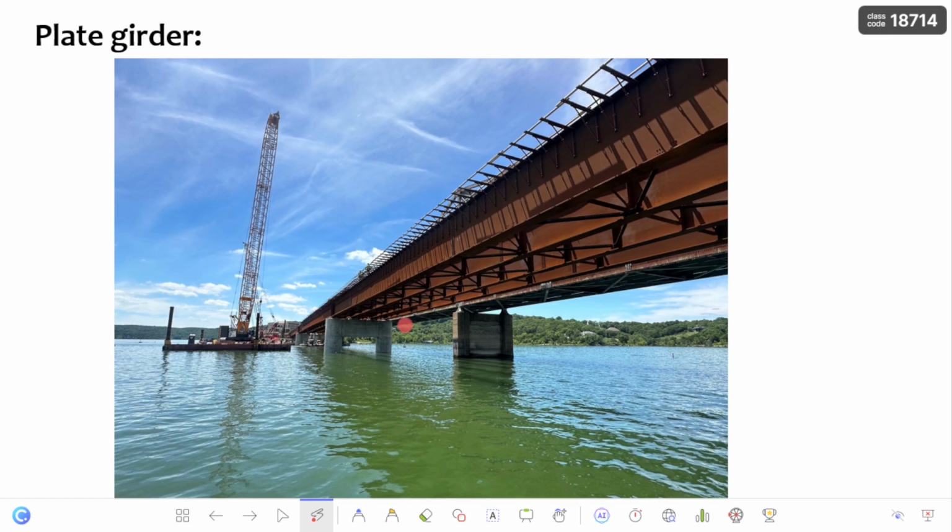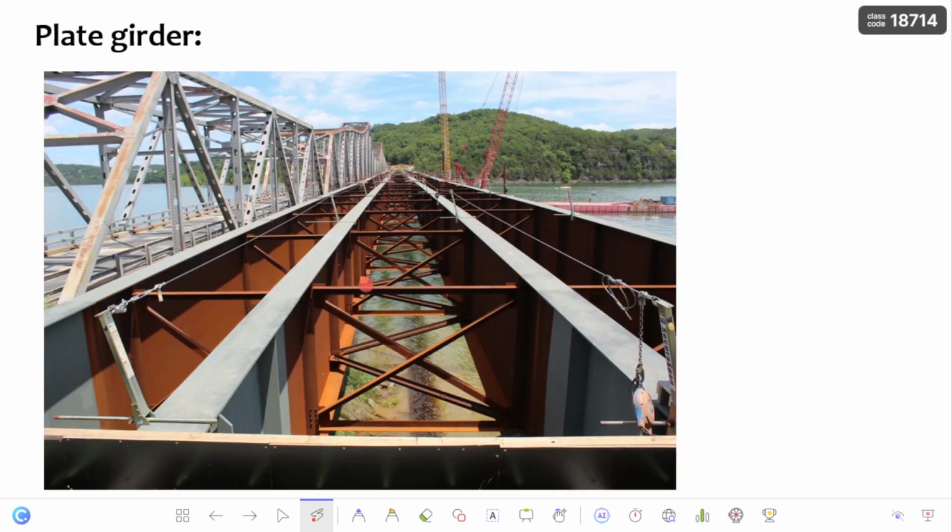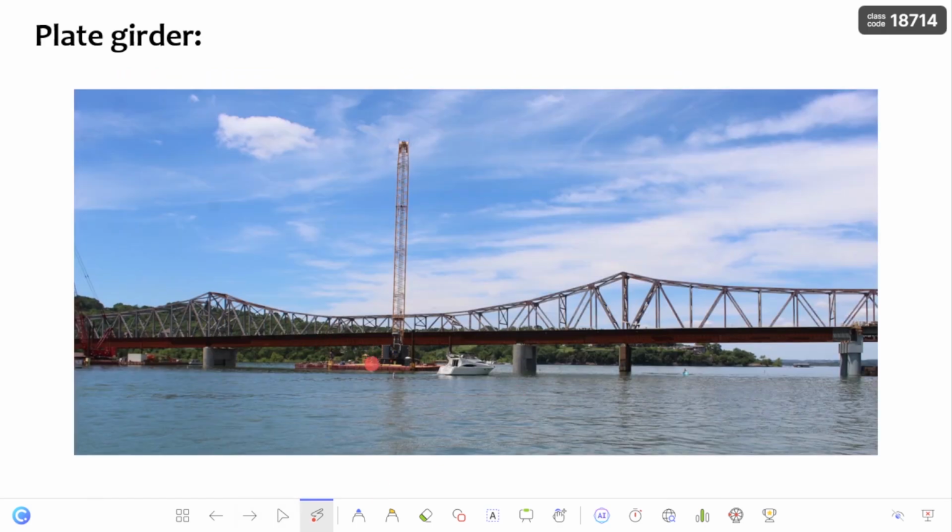The span of the plate girder is almost 350 feet, and the depth of this plate girder is 11 feet. You can see this is a clear picture of the plate girder connected by the bracings, and this is the distant view of this plate girder bridge in Table Rock Lake.